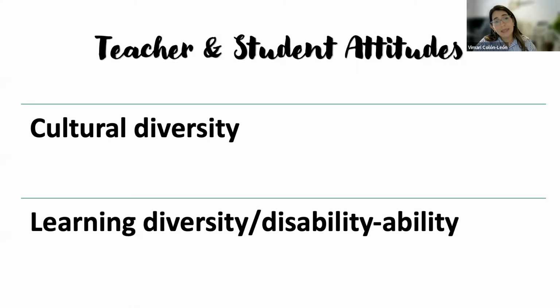So we see, unfortunately, negative attitudes toward how we perceive cultures that are outside of what is familiar for us, and also how we approach learning diversity. So we want to always be aware of our own biases and how we perceive others that are not necessarily close to our life experiences.